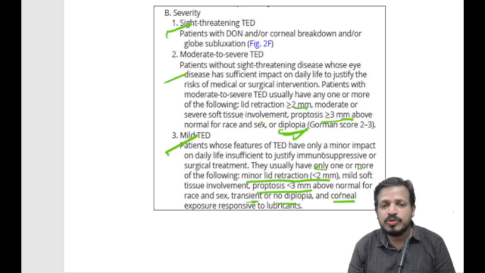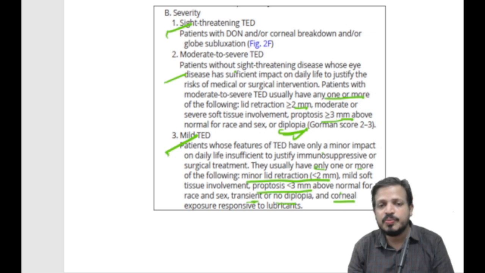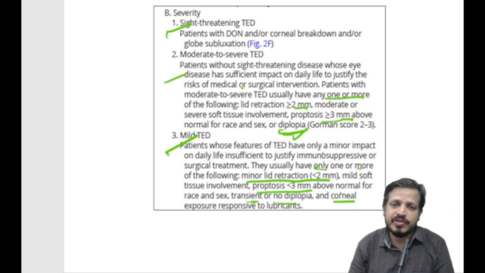So if there is a presence of one or more of these, it comes under the moderate to severe thyroid eye disease.